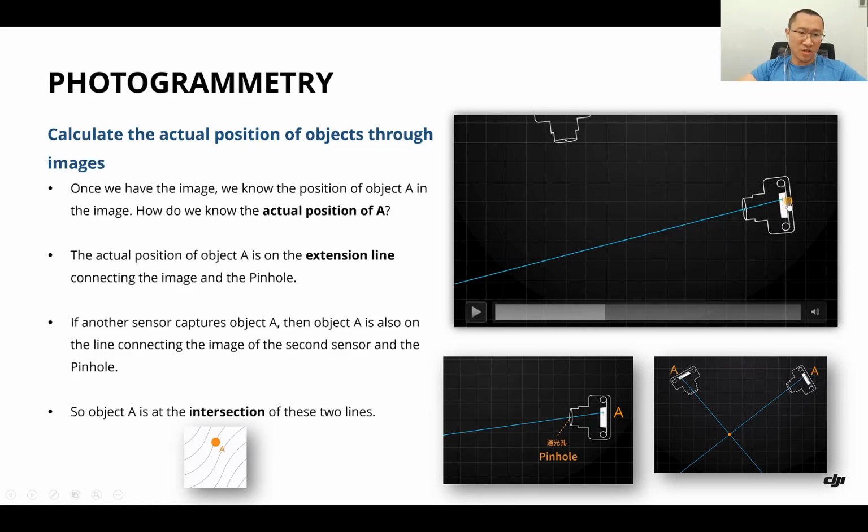The actual position of object A is on the extension line connecting the image and the pinhole, right?